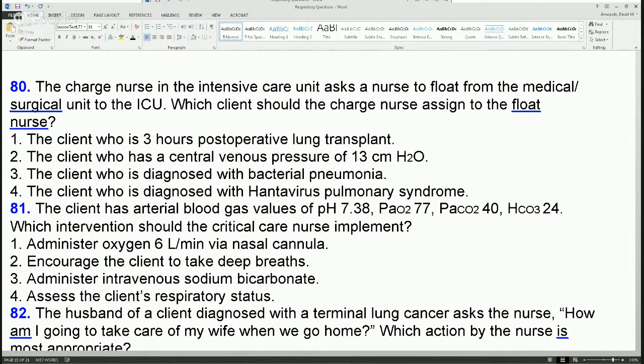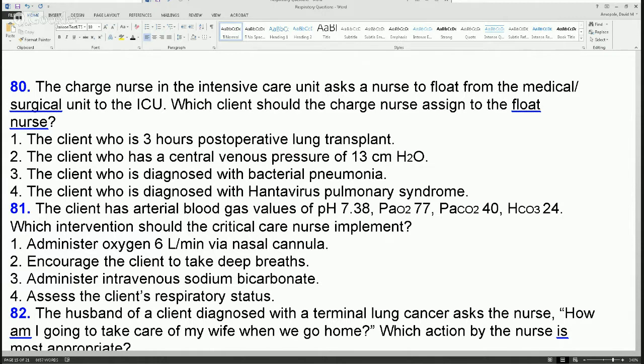All right, let's see. Well, you don't want them to have 1. You don't want them to have 3. Yes, you do. I mean, not 3. I'm looking at the number 3 in this 13 here. 3 is the one you're going to actually give them. You don't want them to have 2 because they got a CVP of 13. 2 is the only one who has basically a stable illness. 3, I mean 3, the pneumonia one.